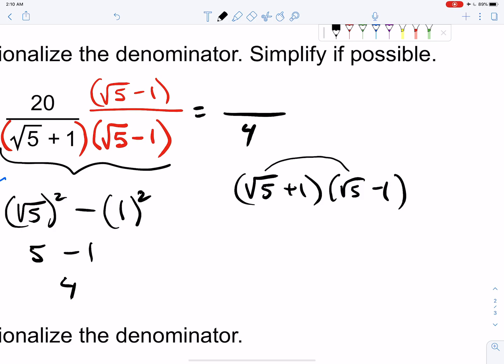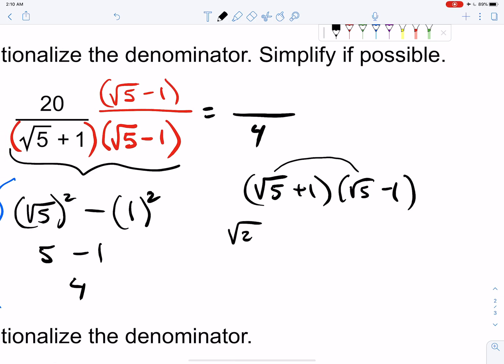Root 5 times root 5 is the square root of 25. You're going to make me go through this pain. Do you see what time it is? It's 2:11 a.m. and I'm going through all this extra work. Root 5 times a negative 1 is minus the square root of 25. Now we've got 1 times, oh my gosh, I'm getting too sleepy right now.